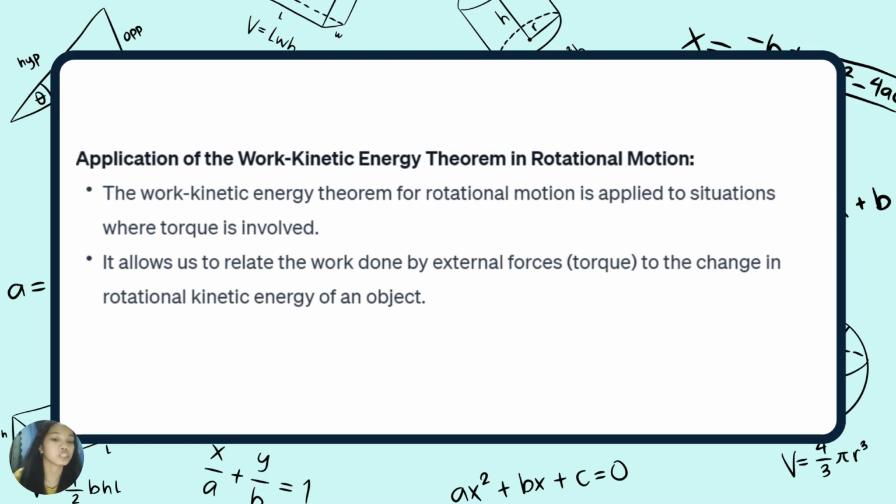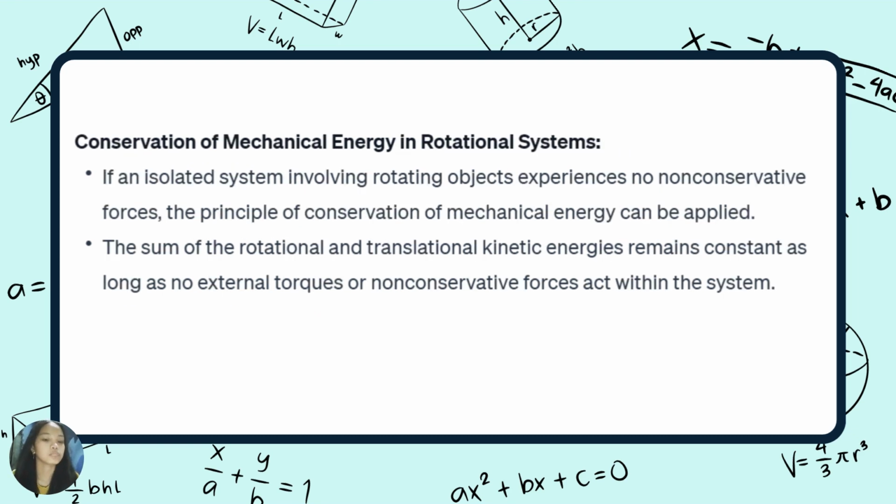Next, application of the work-kinetic energy theorem in rotational motion. The work-kinetic energy theorem for rotational motion is applied to situations where torque is involved. It allows us to relate the work done by an external torque to the change in rotational kinetic energy of an object. Next is the conservation of mechanical energy in rotational systems.